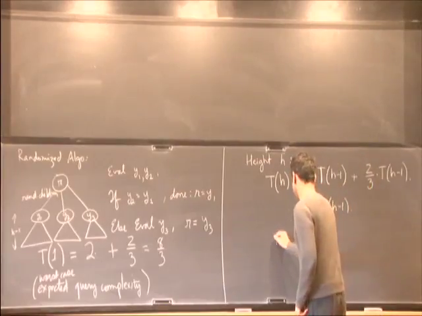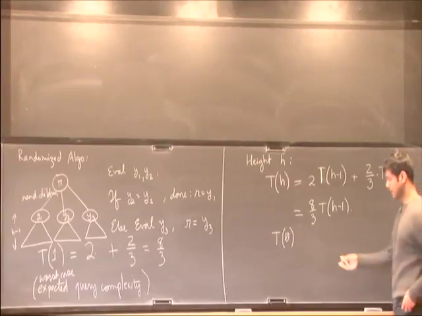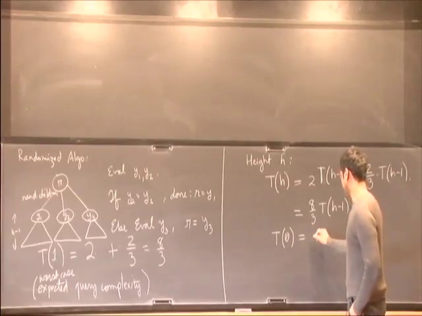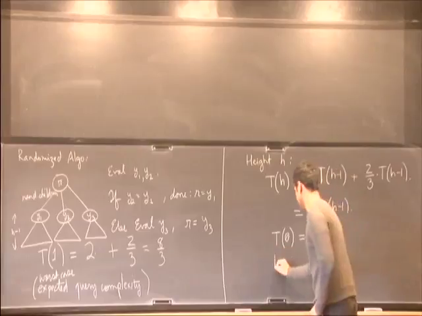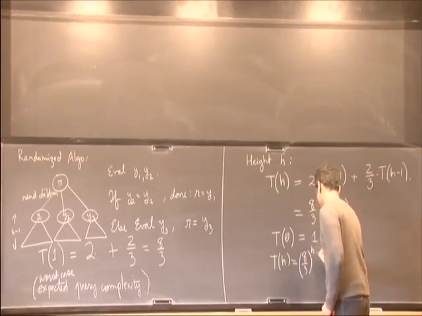And of course, if you have a height 0 tree, so just one variable, to evaluate its value you have to make one query. So you get t of h equals 8/3 to the h.